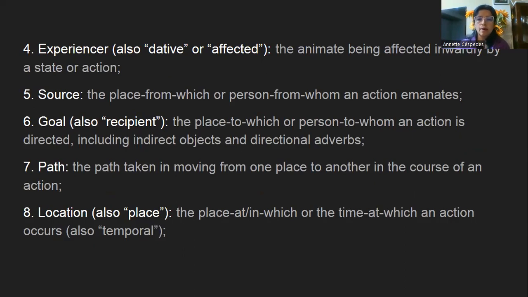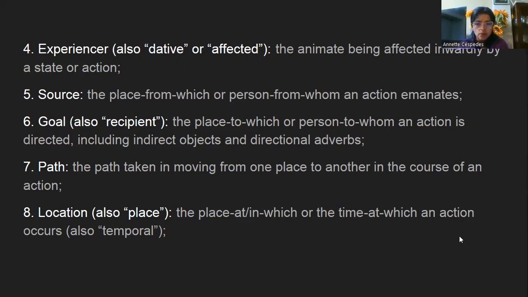Now, let's talk about the experiencer. It is also called dative or affected: the animate being affected inwardly by a state or action. The source is the place from which, or the person from whom, an action emanates. The other one is the goal, also called recipient.